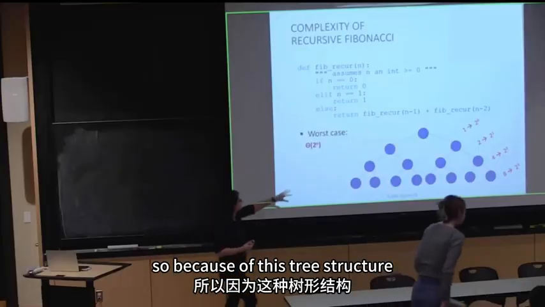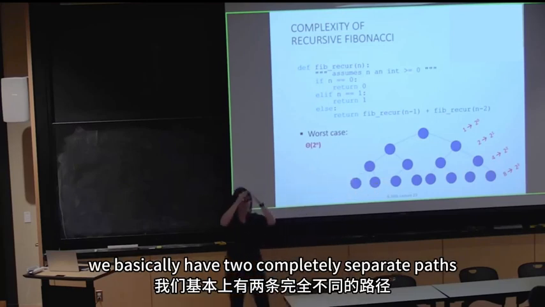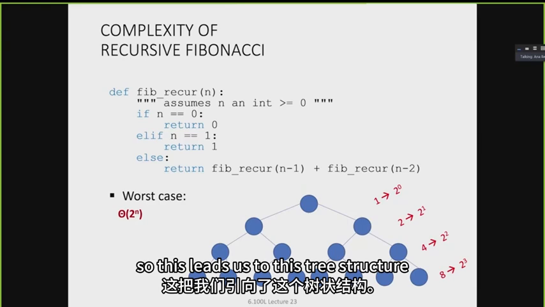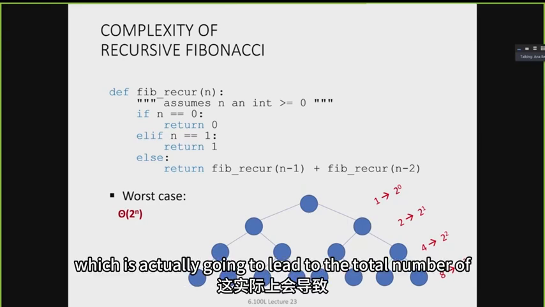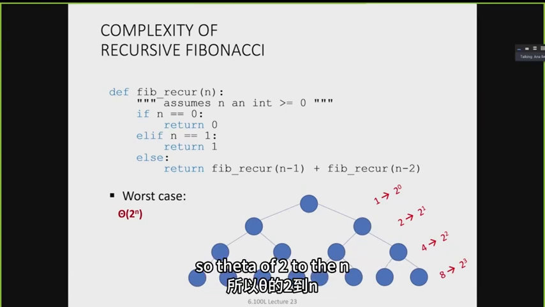So because of this tree structure, every time we add a new level, we basically have two completely separate paths to explore further, right? And those two paths have their own two paths and so on. So this leads us to this tree structure, which is actually going to lead to the total number of recursive calls to be exponential, so theta of 2 to the n.